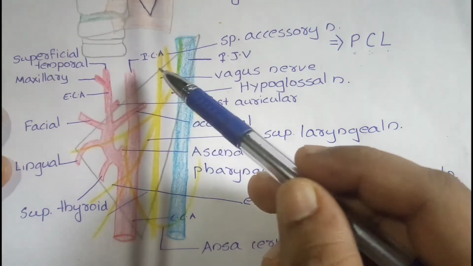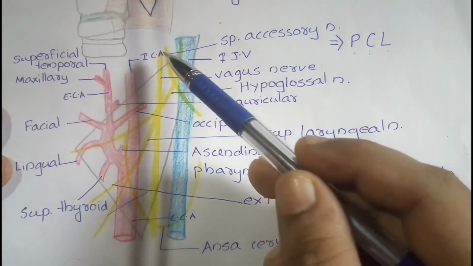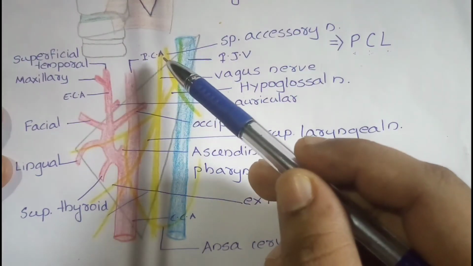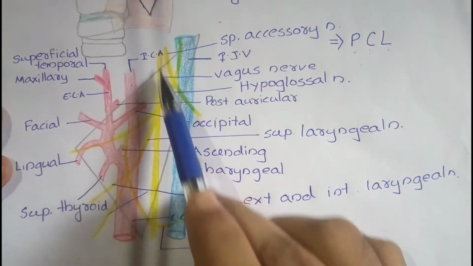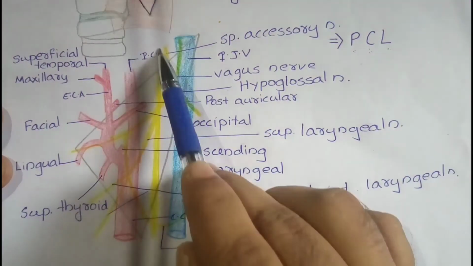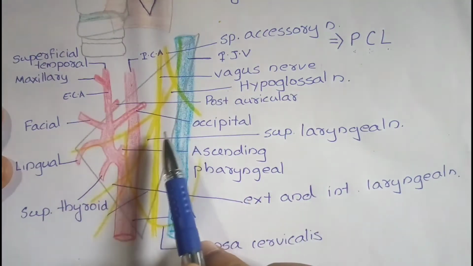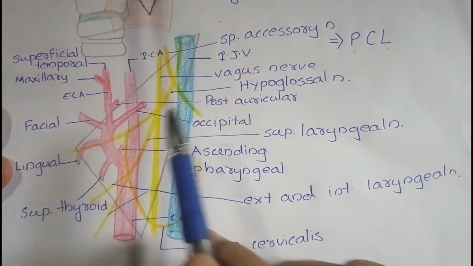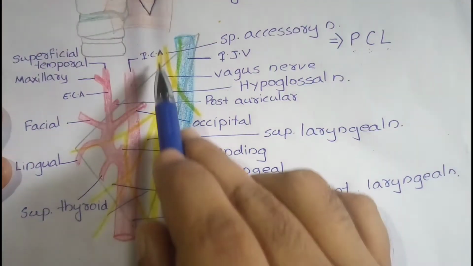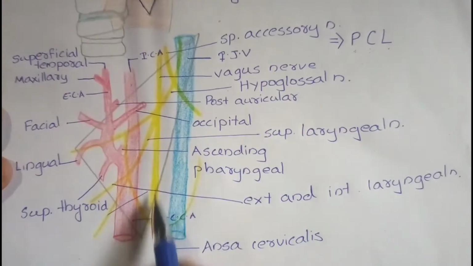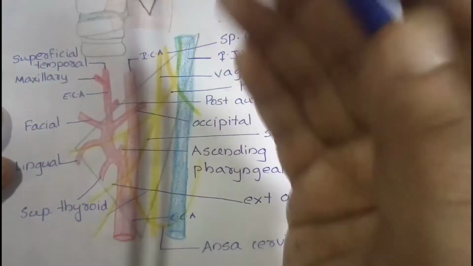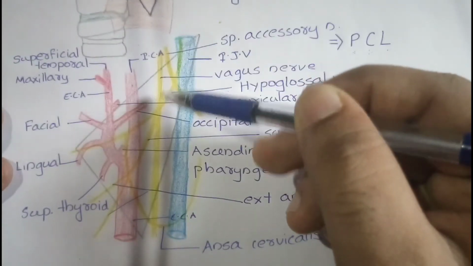Now for the nerves present in the carotid triangle, these include the structures that I drew in yellow color. This is the vagus nerve, which is running vertically downward.